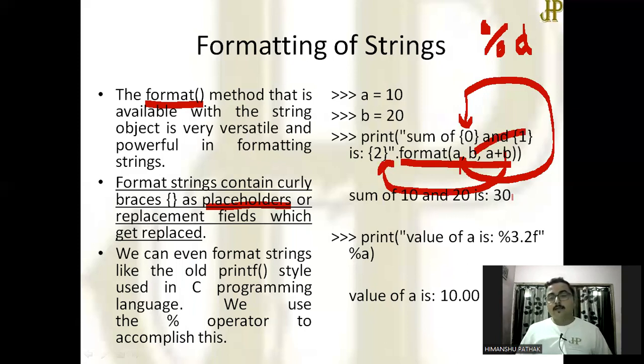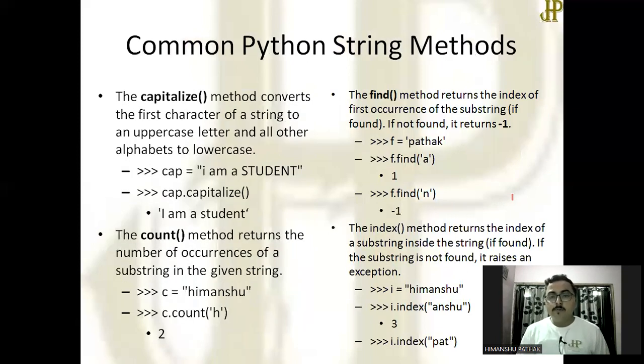And at last, some common methods that can be used with strings. The first one is capitalize, as the name suggests. In a given string, the first character is converted into a capital letter. So here I have taken the value 'i am a student', and you can clearly see that the character i is in small letter.